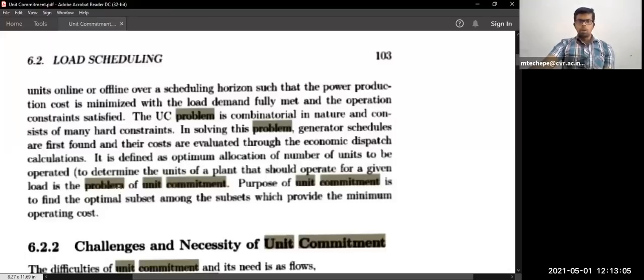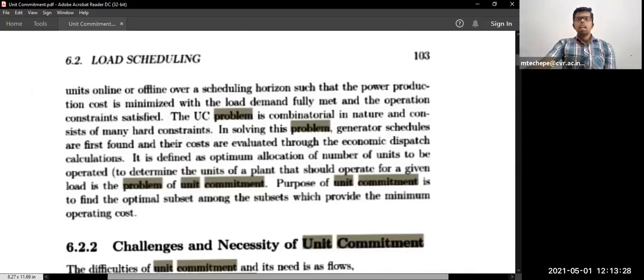The main purpose of unit commitment is to find the optimal subset among the best subsets which provides the minimum operating cost.